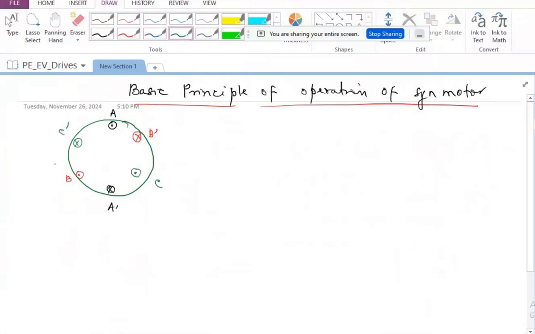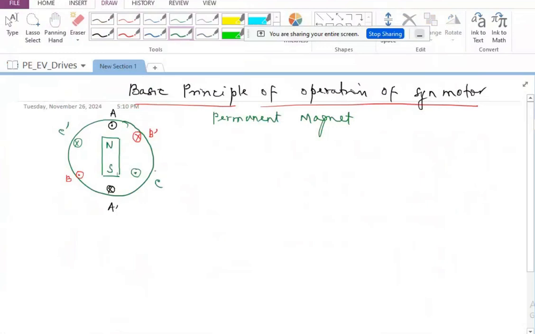Now, as far as the rotor, especially in a permanent magnet synchronous motor is concerned, it is going to have permanent magnets here. So I'm going to just show it as though this is the magnet. So this is going to be North Pole and this is going to be South Pole. Let's see.